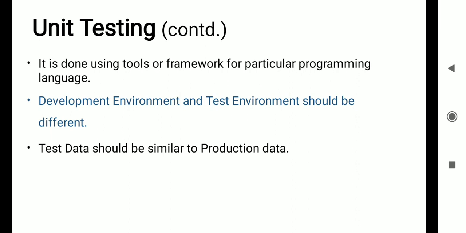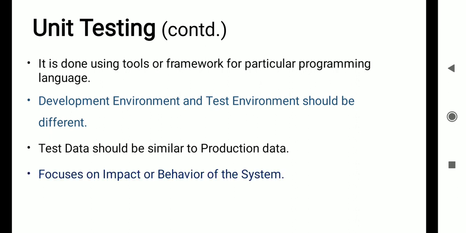So all the things that have been tested or will be tested should be according to it, so both the data should be equal. Suppose you are using one to test, it should be answerable or executable in the production environment as well. So both the data should be the same.